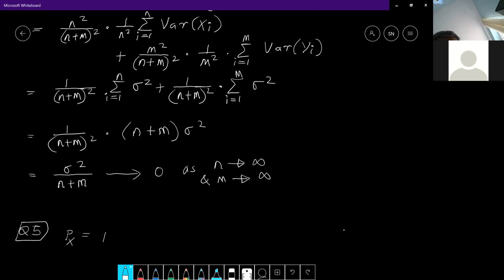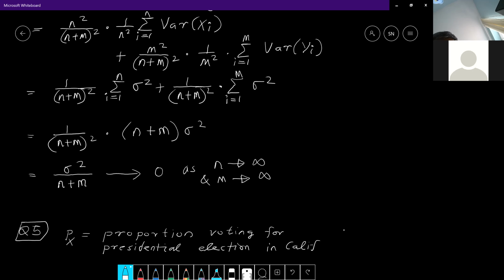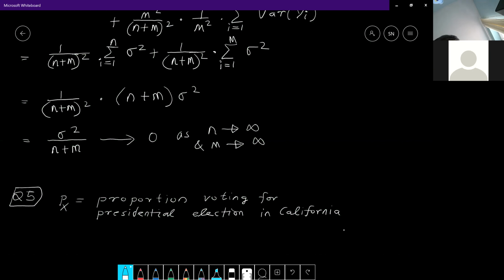Px denotes the proportion voting for presidential election in California. That's the first proportion.